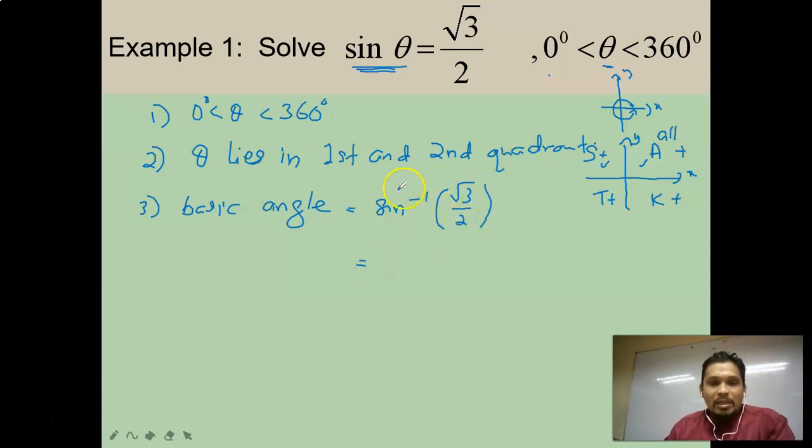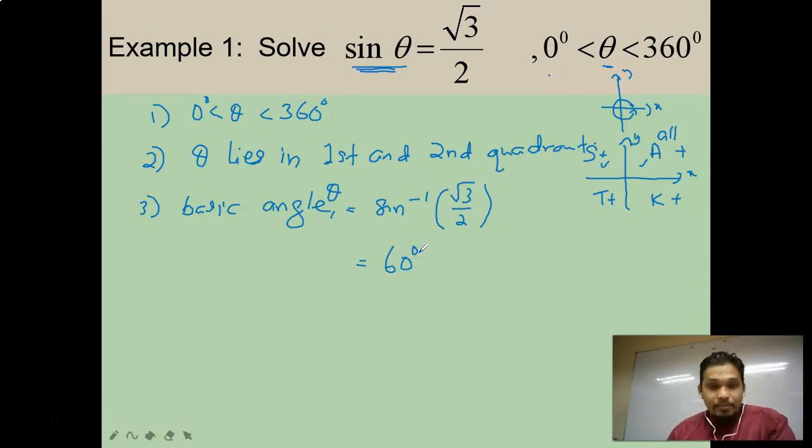To find the basic angle of theta, from sine theta equal to square root of 3 divided by 2, we can press the calculator, using arcsine of square root of 3 divided by 2, which is equal to 60 degree.